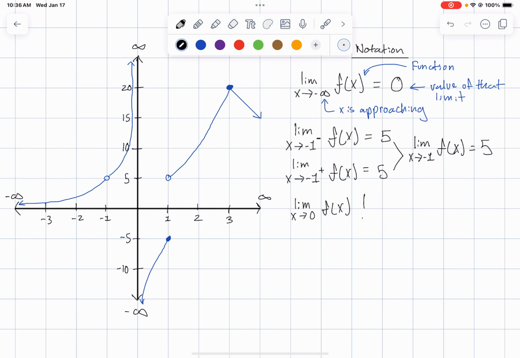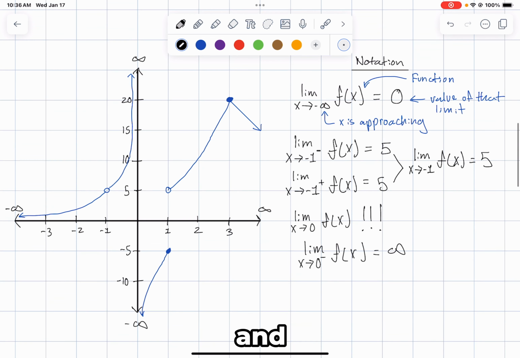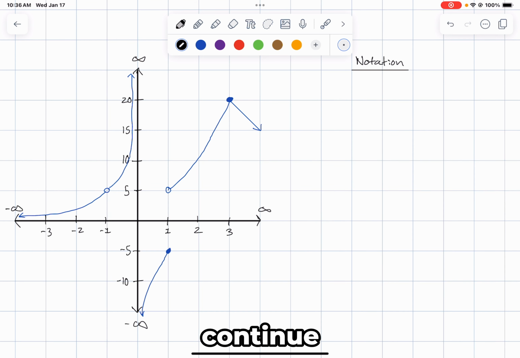But we do have one-sided limits for this. The limit as x approaches 0 from the left-hand side, superscript negative sign, of f of x is equal to infinity, and then the limit as x approaches 0 from the positive side, the right side, of f of x is equal to negative infinity.